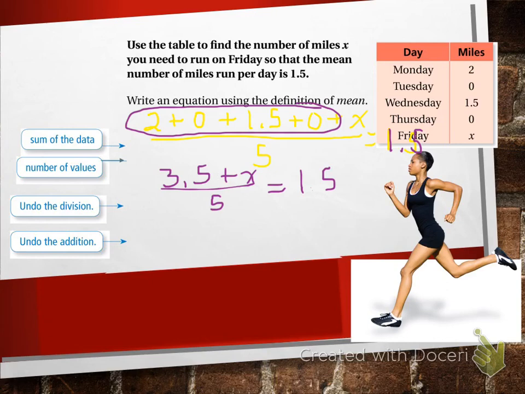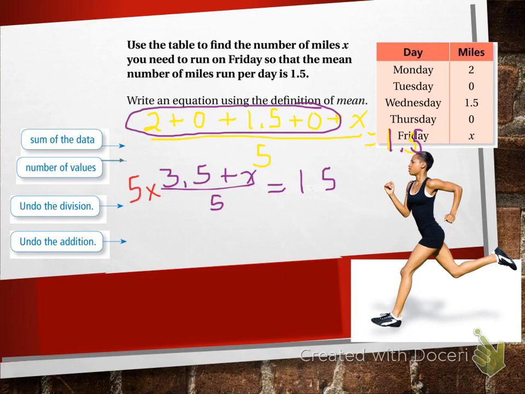So now we need to undo the division first. Because even though I just got done saying the whole PEMDAS, the division is dividing everything. So we need to get rid of it first. So to do that, we're going to multiply by 5.